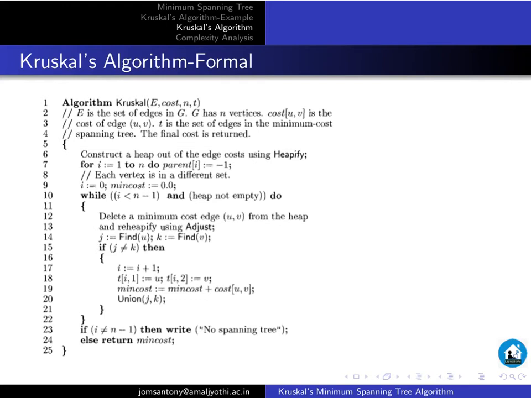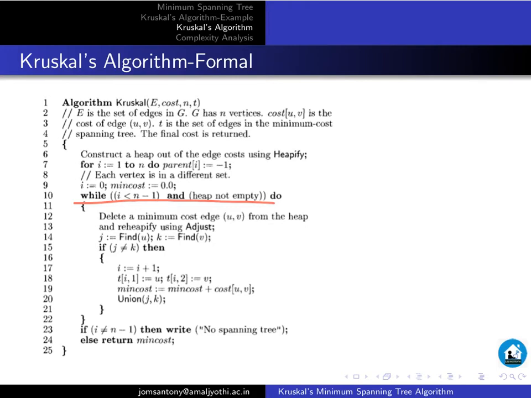Looking at this algorithm, you can see that here again we have a while loop which says that you have to iterate i up to less than n minus 1 and until the heap is not empty.